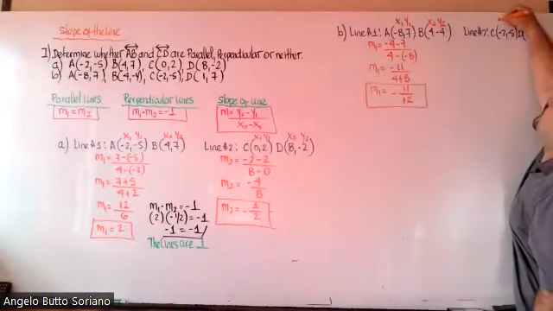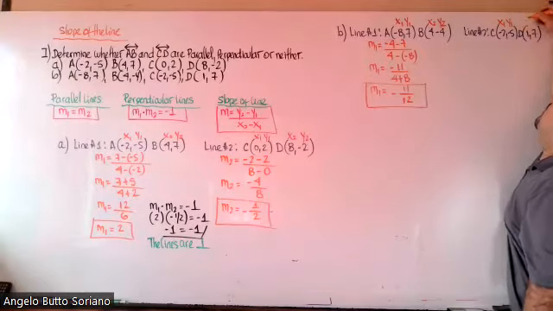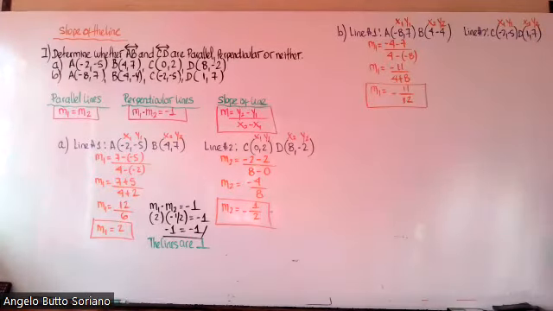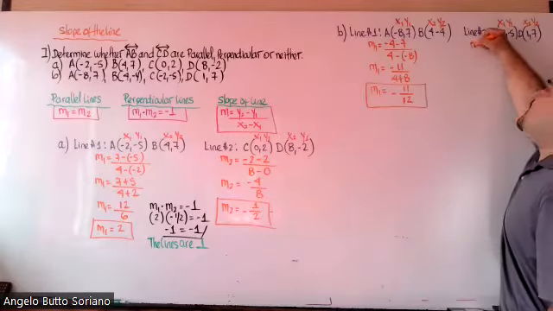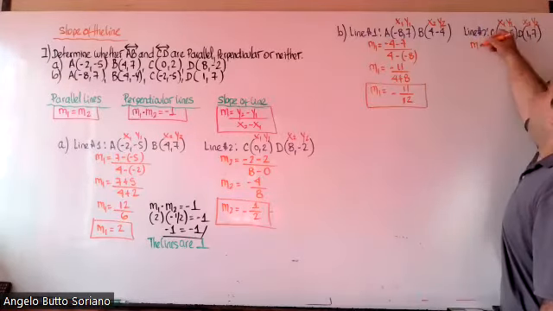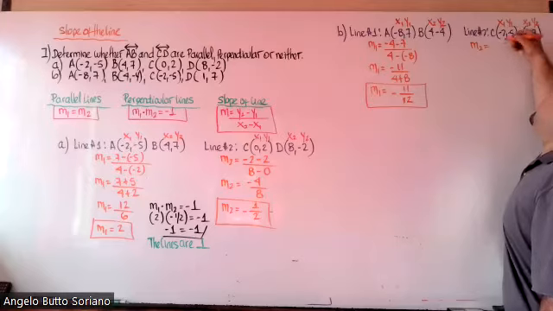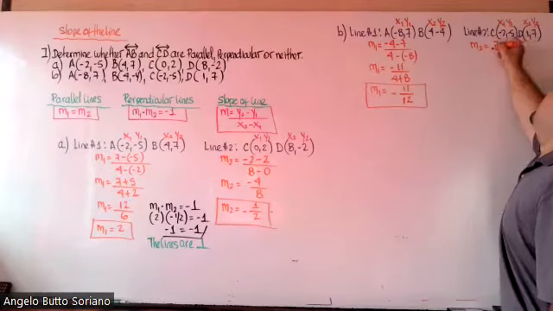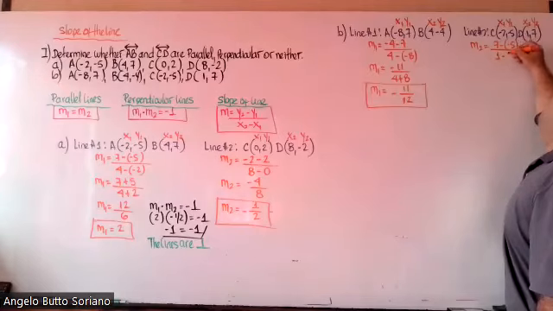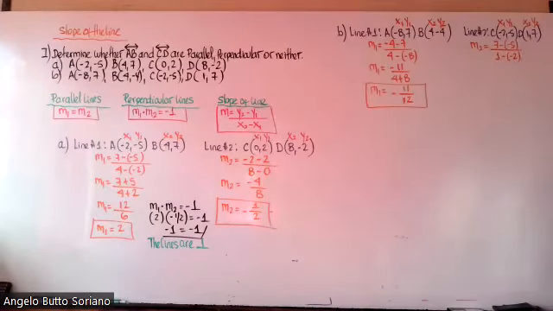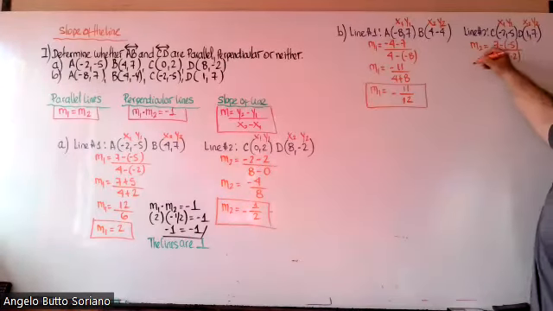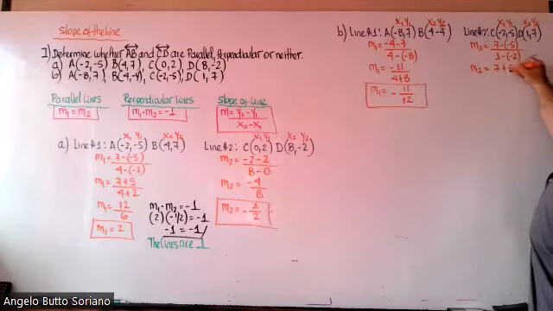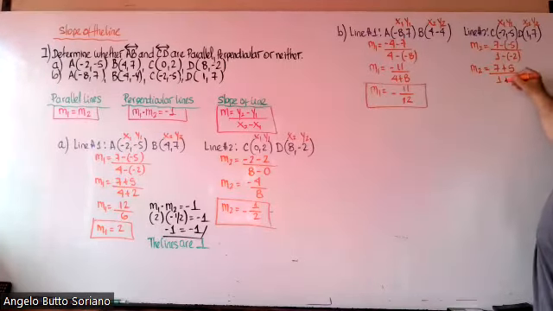Remember, this is represented by X1, Y1, X2, and Y2. So M2 will be given by Y2 minus Y1, I mean 7 minus -5, over 1 minus -2.